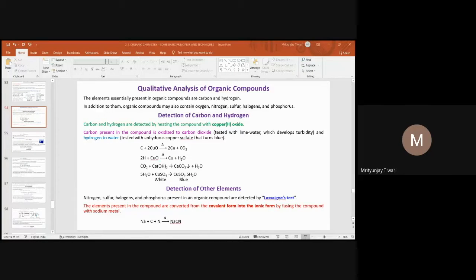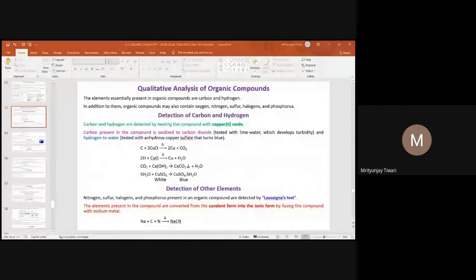To understand whether other elements are there in the organic compound or not, we resort to Lassaigne's test. In that test we prepare sodium fusion extract. We take the organic compound and heat it in the presence of sodium.